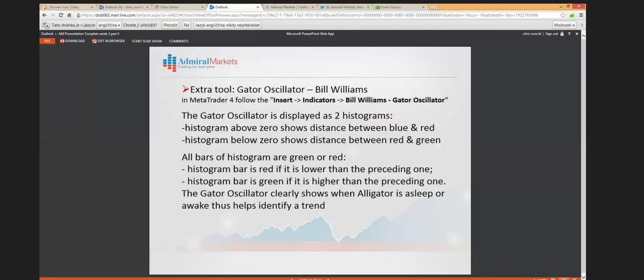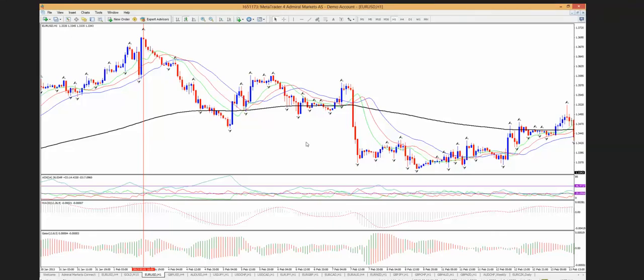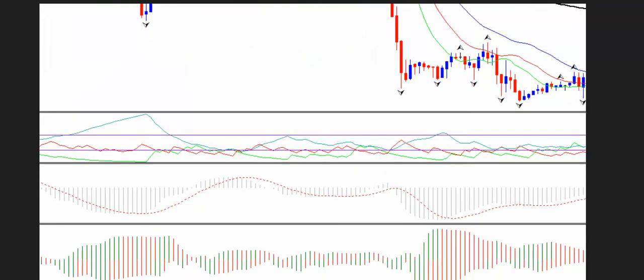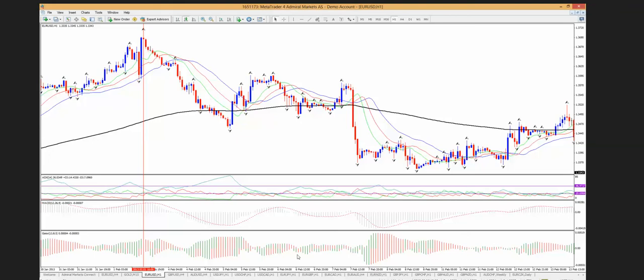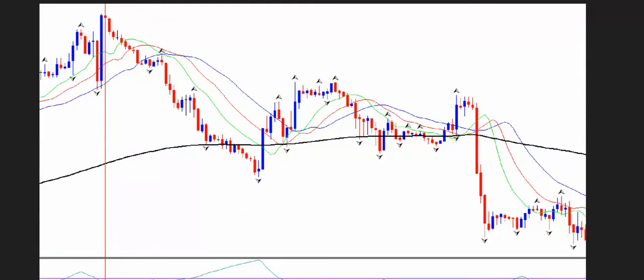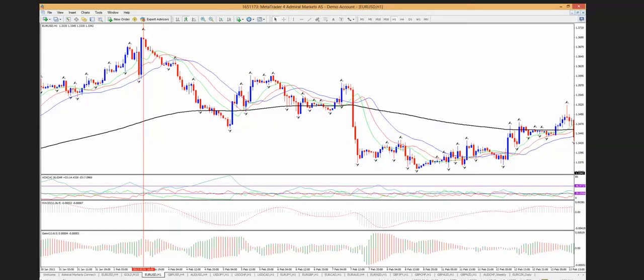Okay, so let's go back now. You can see the zero line. I'm zoomed in a bit, right in the middle. What they show is the distance between these two lines underneath, and these two lines, the blue and the red, above.